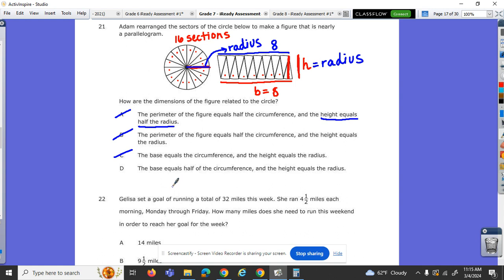Hopefully D pans out here. The base equals half the circumference and the height equals the radius. The base equals half the circumference, yes, because 16 divided by 2 is 8. And the height equals the radius. And yes, we already figured that out right up here. So D would be our correct answer.